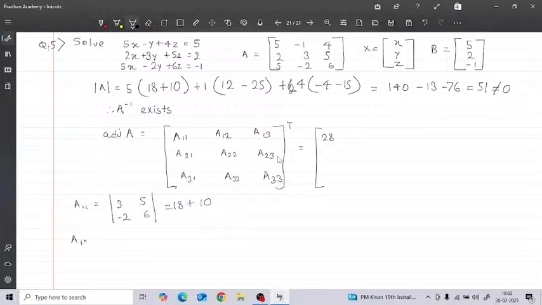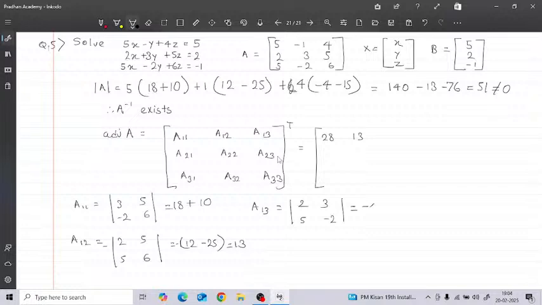A12, we have to take a minus, that is 2, 5, 5, 6. So that is minus 12 minus 25. So that will be 13. Then what will be A13? 2, 3, 5, minus 2. That is minus 4 minus 15. That is minus 19.